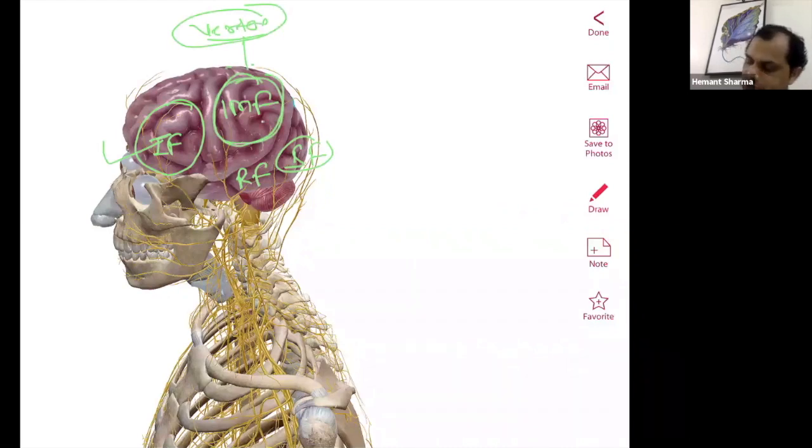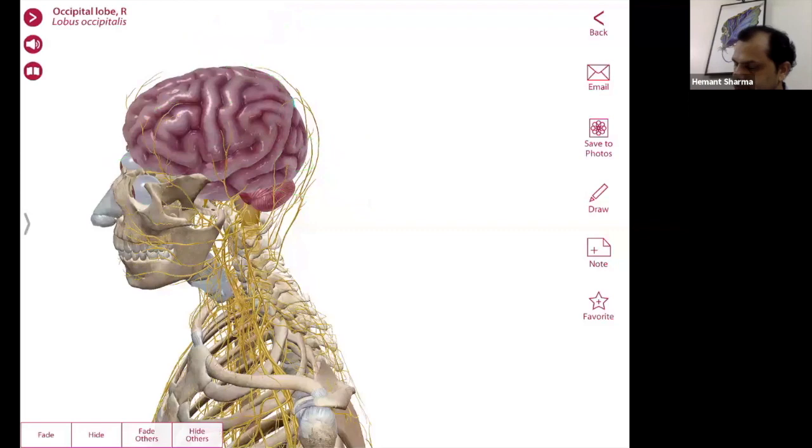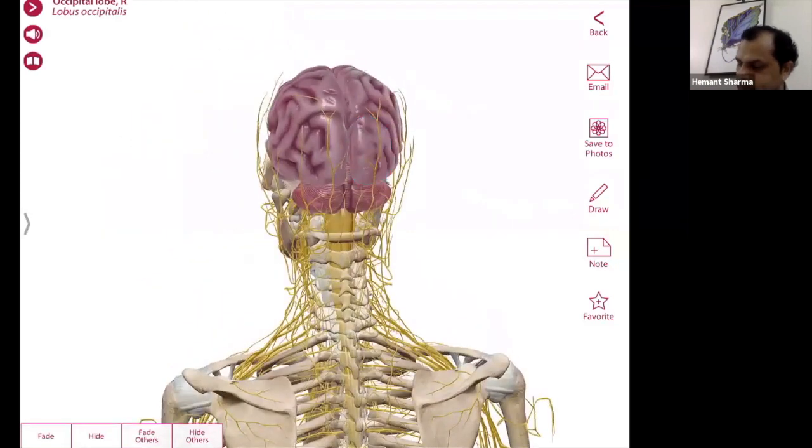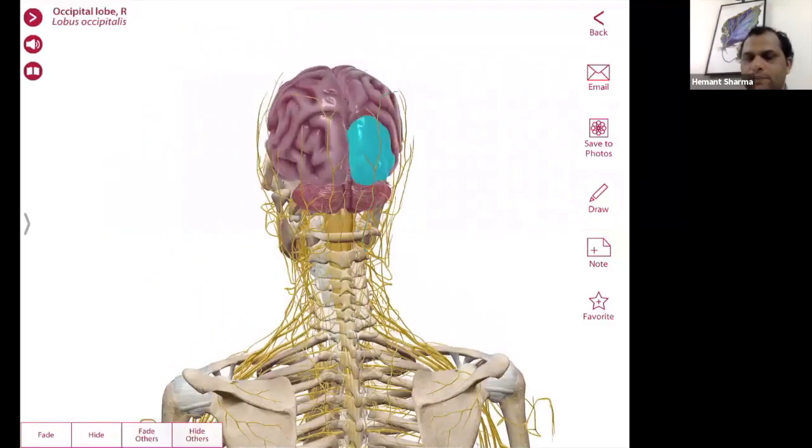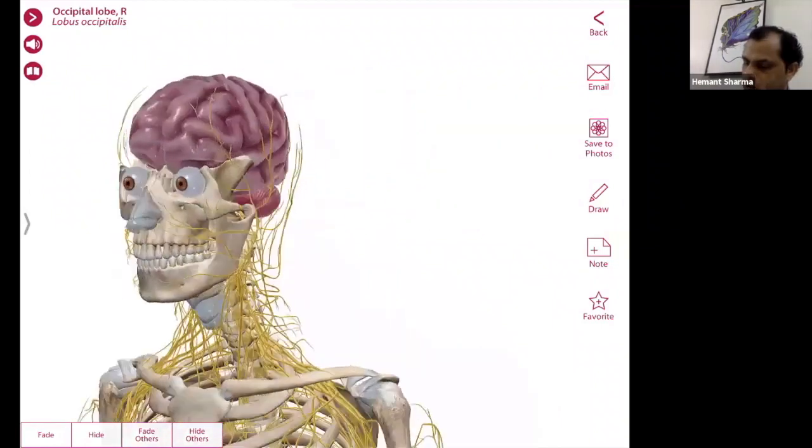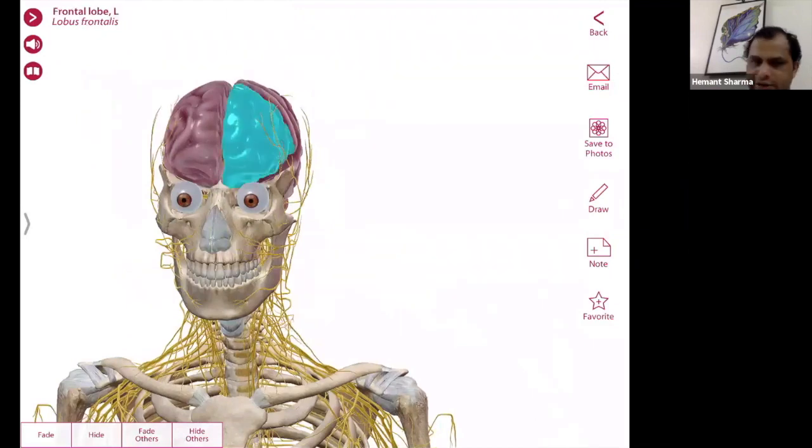If someone is complaining that I am having migraine headache above the ear, we can treat it with the ring finger. And some other person complaining that having headache in the occipital lobe in the back side of the head, we can treat it with the help of a small finger.